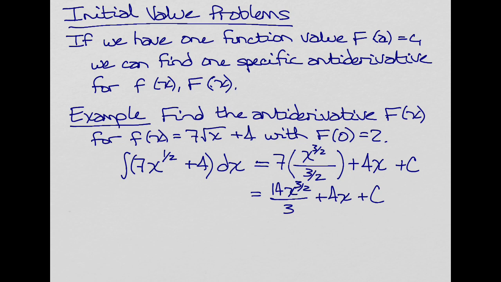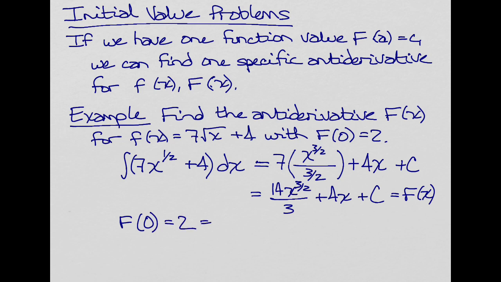This time, I don't want all the antiderivatives. I want specifically the one where when I evaluate it at 0, I get 2. So this is all the antiderivatives, but I want f of 0 to be 2.